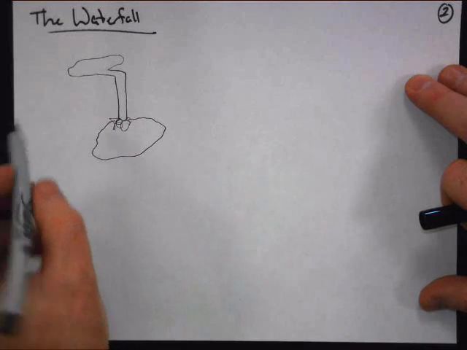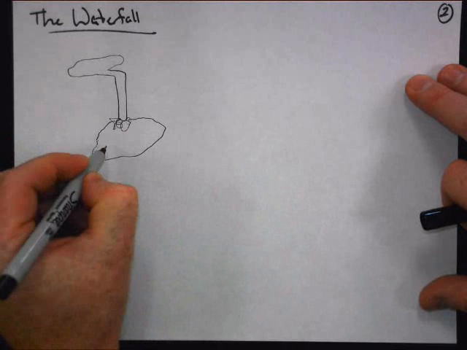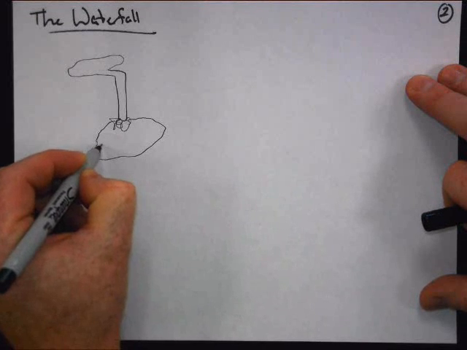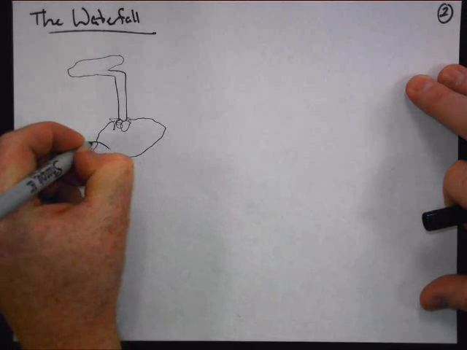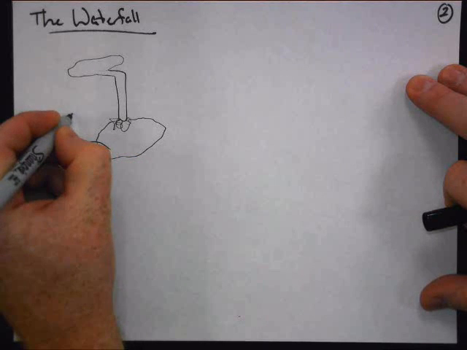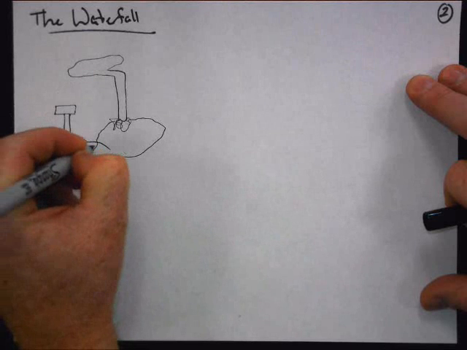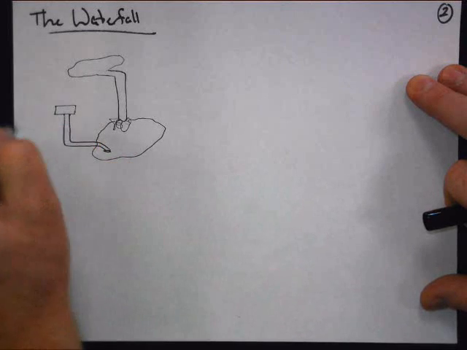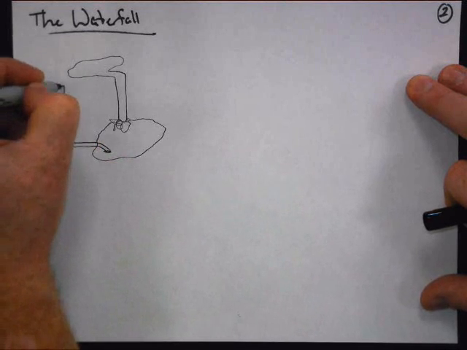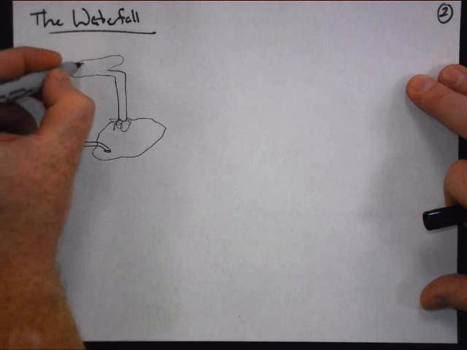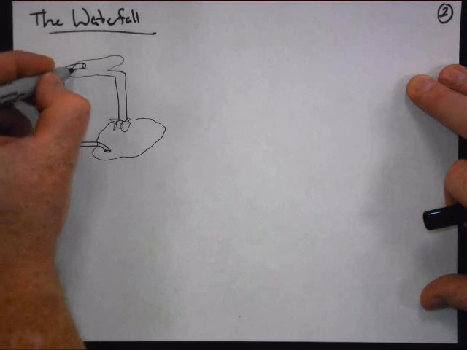And from Lower Lake, what we had to do to keep it going forever was we had to pump the water out from Lower Lake and pump it back up into Upper Lake.